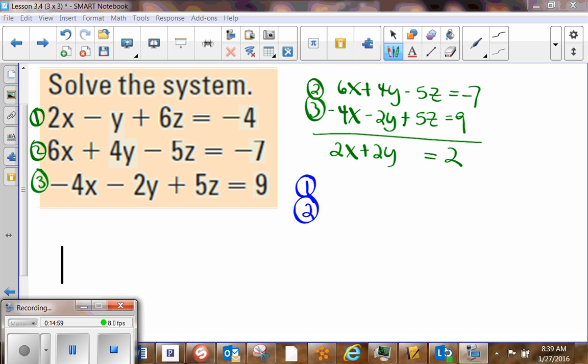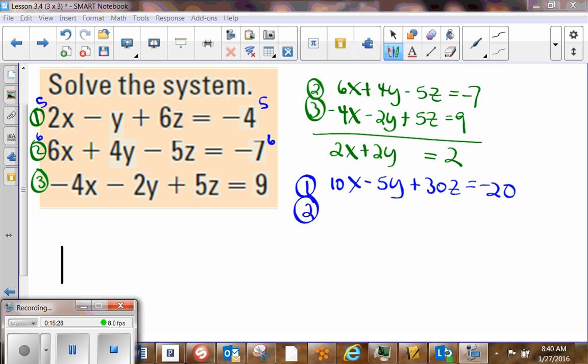And as I do it, I'm going to get the z's to cancel. So I'm going to multiply this top one by 5 all the way across, and the second one by 6 all the way across. So that's going to give me my first equation: 10x minus 5y plus 30z equals negative 20.